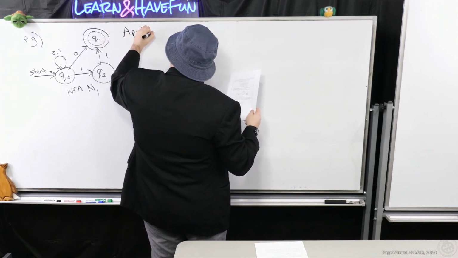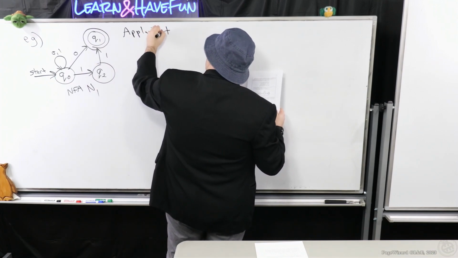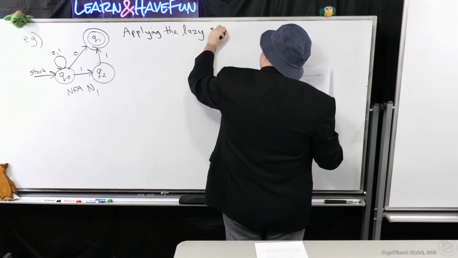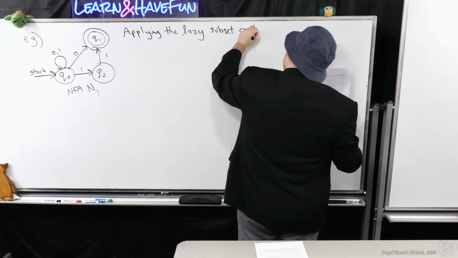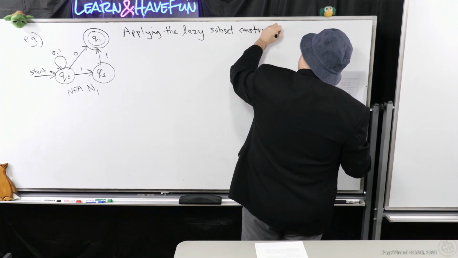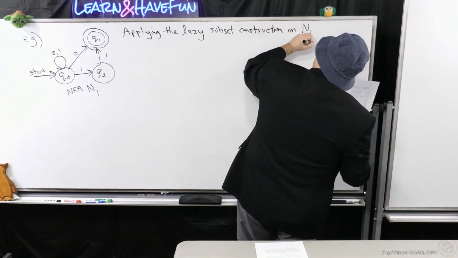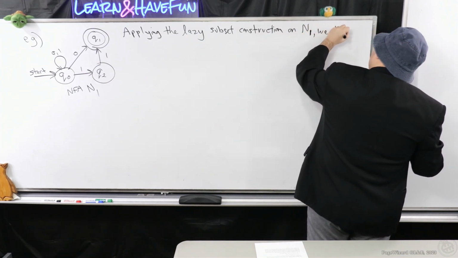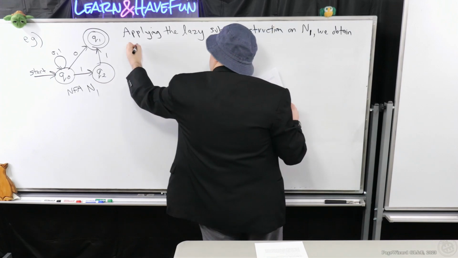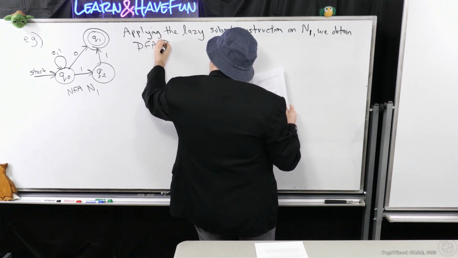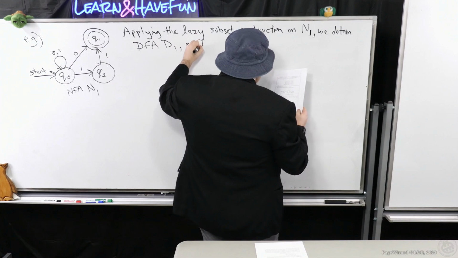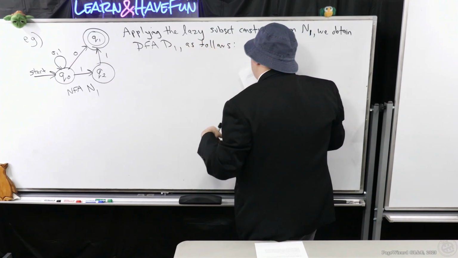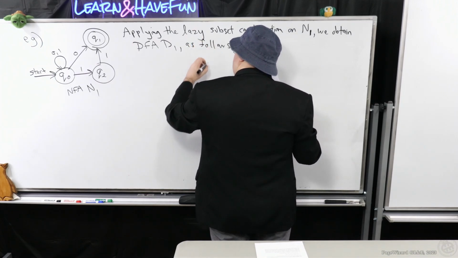So applying the lazy subset construction on N1, we obtain DFA D1 as follows. So let's walk through this process carefully.